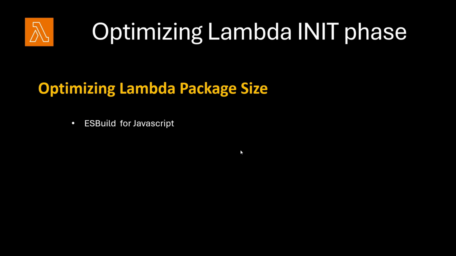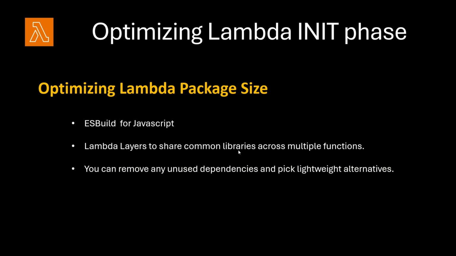For example, you can use tools like ESBuild for JavaScript to shrink your code. You can use Lambda layers to share common libraries across multiple functions, or you can remove any unused dependencies and pick lightweight alternatives. So these are some steps that you can take to optimize your Lambda package size. Reducing package size will significantly improve your initialization durations.